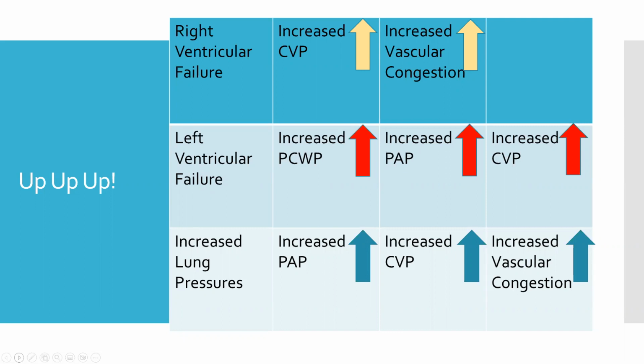The CVP would also be increased, but not to the proportion that it would be in right heart failure. Increased pulmonary artery pressures are associated with increased central venous pressure and increased vascular congestion.